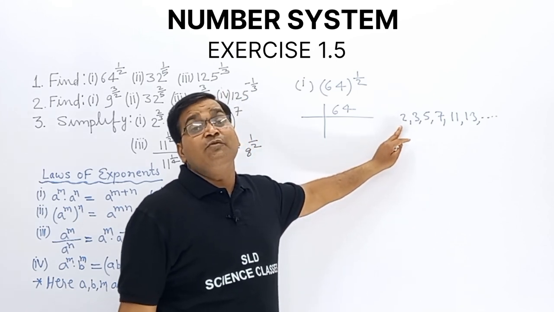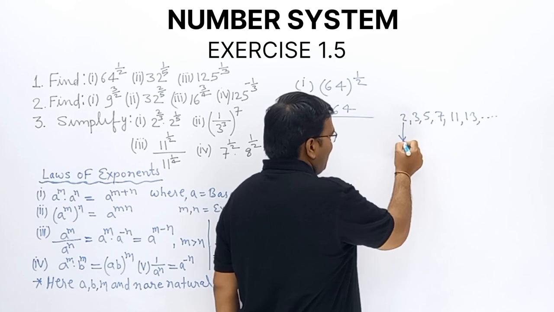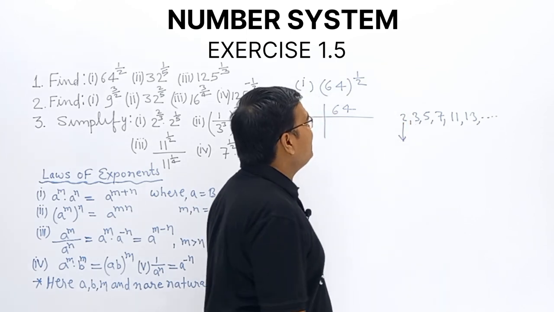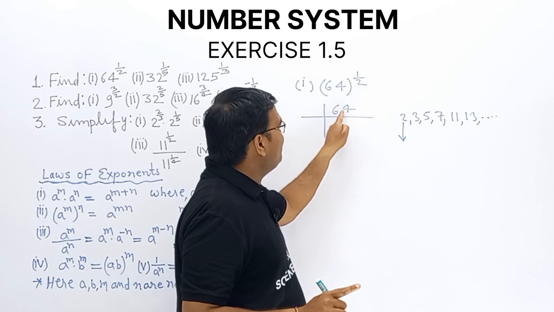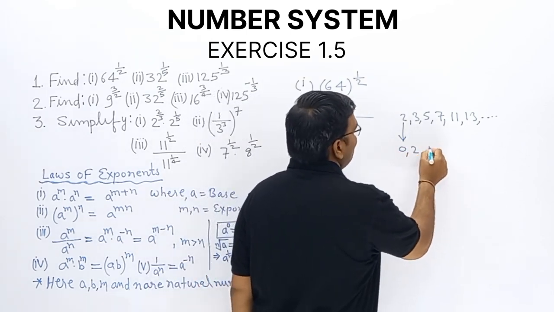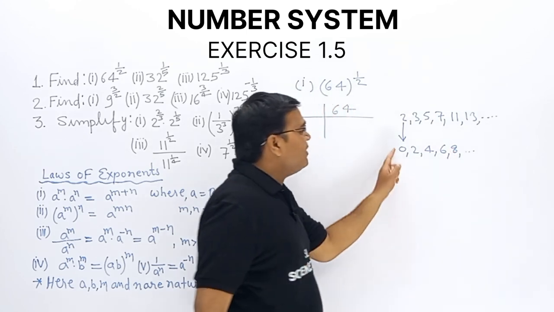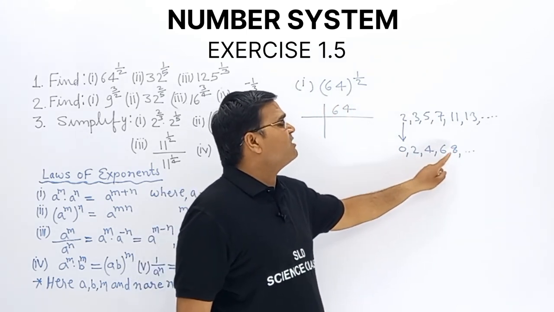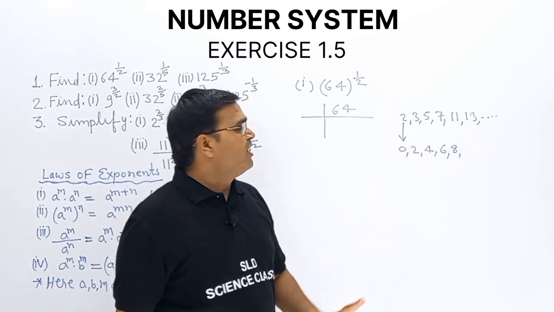And what will be the divisibility of these numbers? If we are having 2, its divisibility rule is that if the unit place is 0, 2, 4, 6, 8, then we can divide by 2.